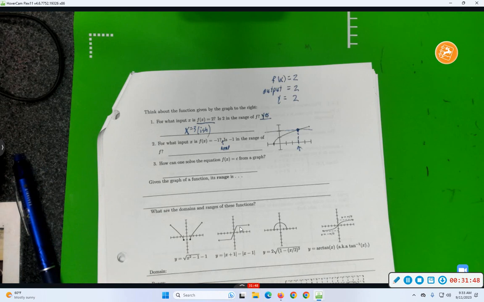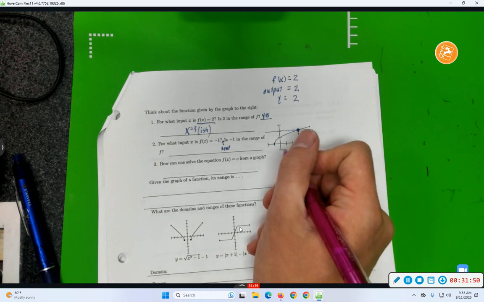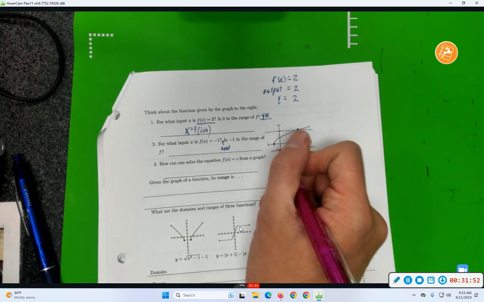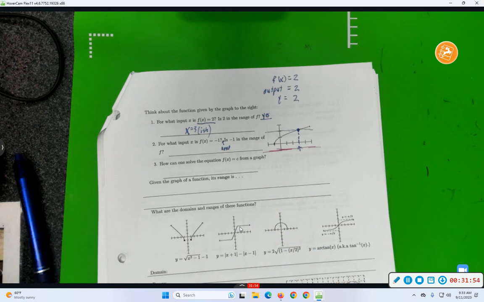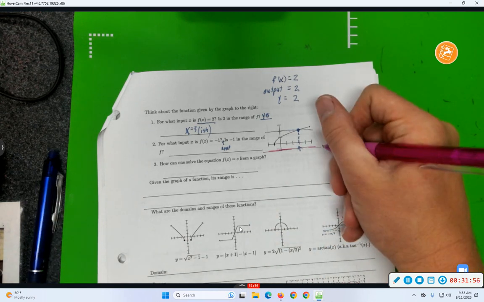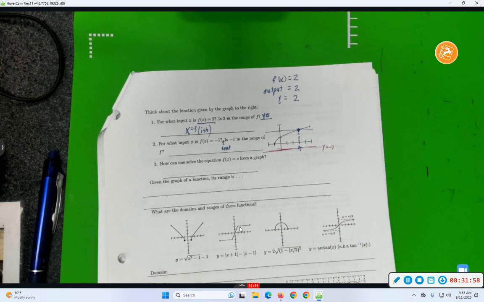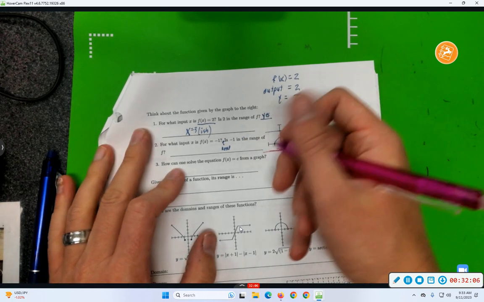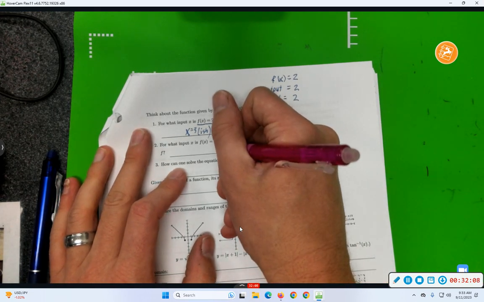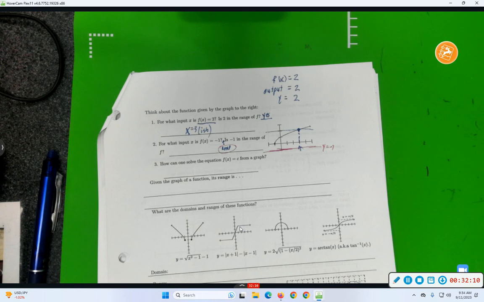Yeah, so you checked out negative 1 for the y value, and then are there any x values where this function hits that? So, indeed, there are no solutions to that equation.